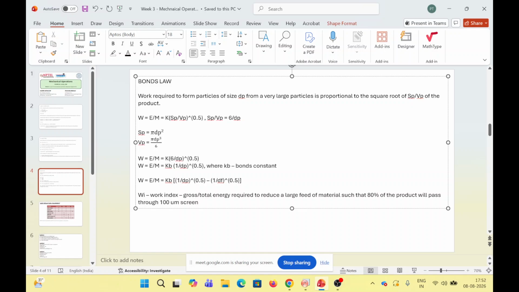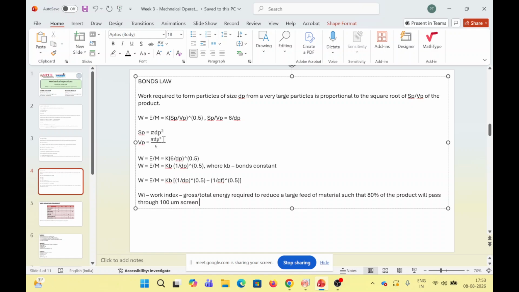Now, what amount of energy do I need to supply to break this large particle into smaller ones, so that at least 80% of them can pass through this 100 micrometer screen? So the definition is more straightforward. However, you need to note that the energy you use is the gross, the total amount of energy. Here you are going to include the mechanical losses also into the system.